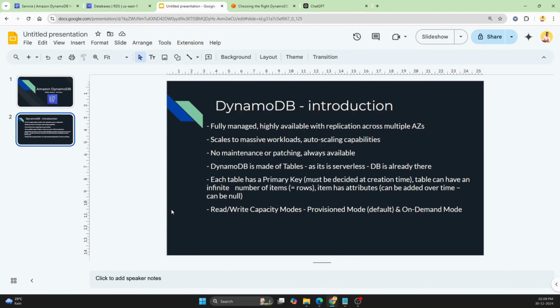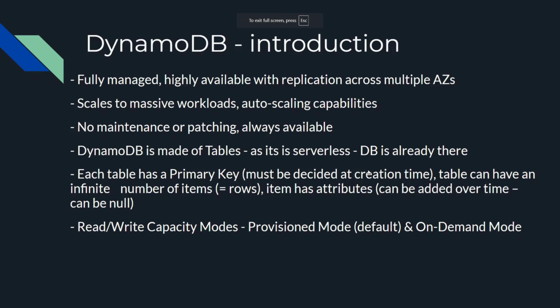Another thing is each table has a primary key, which must be decided at the creation level, which we'll see in the hands-on. In that table, we can have n number of items, and in each item we can have n number of attributes. An item is considered a row.